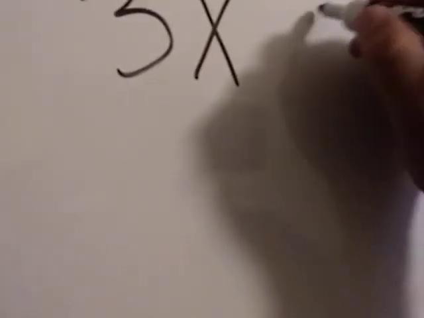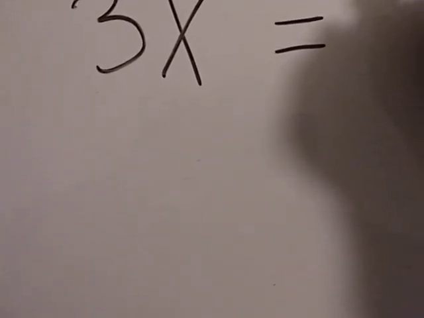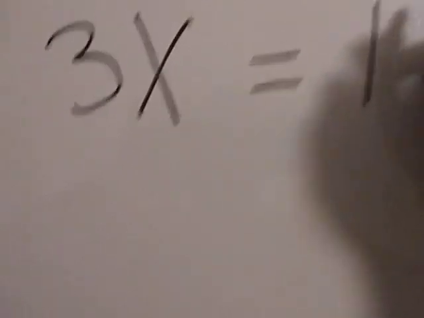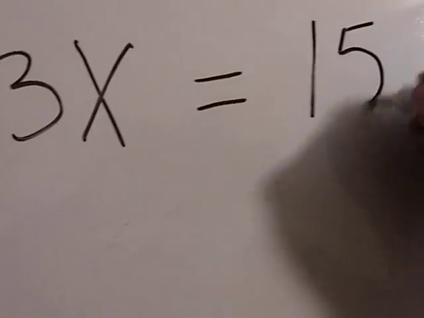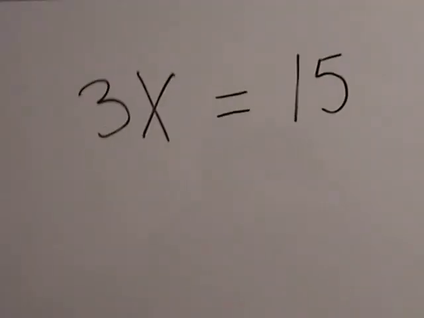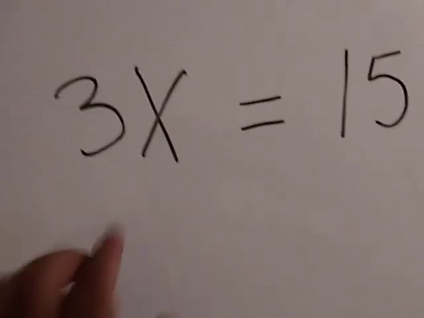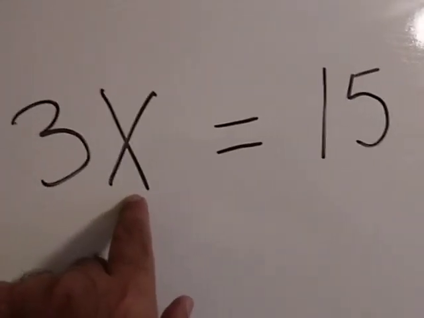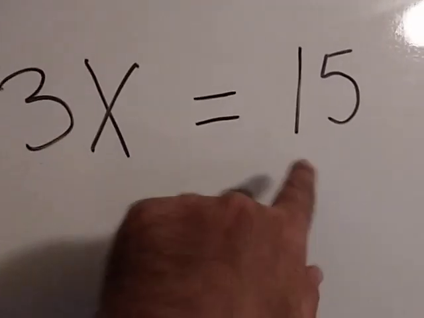For example, the multiplication principle in this case would be, let's say 3x equals, let's go with 15 here. So we have 3 times the unknown value of x giving us 15.